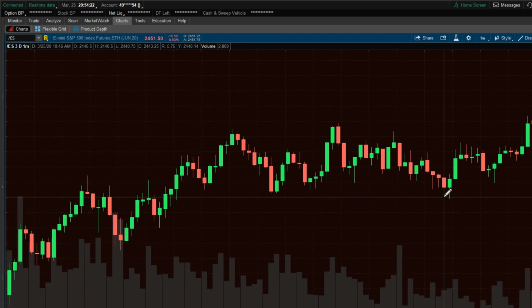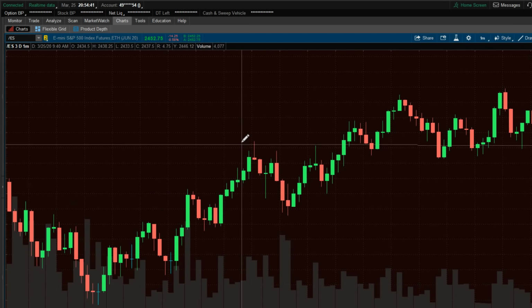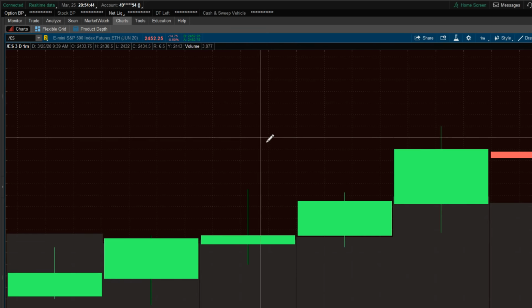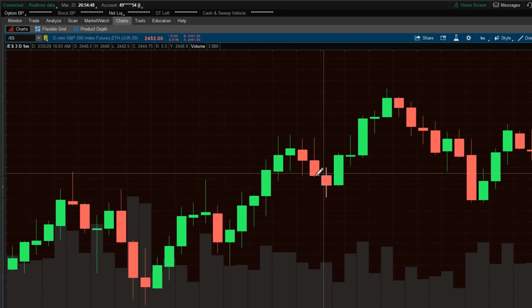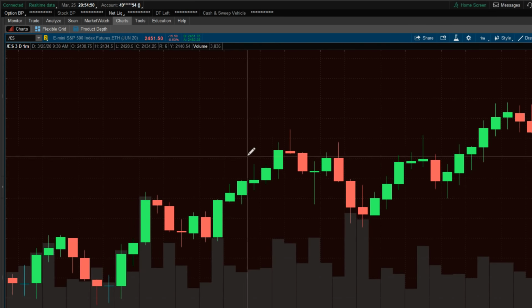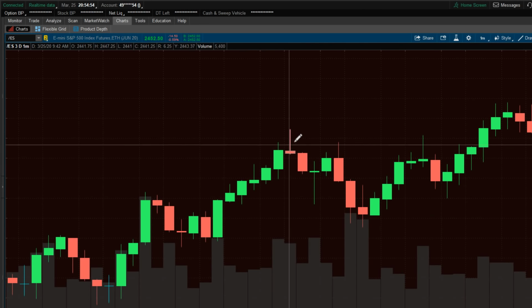Here's a good one right here. Came all the way down, closed really close to the highs here, and look what happened. All of these patterns that I'm trying to show you here are reversal type patterns. Here's a really good bearish hammer here.